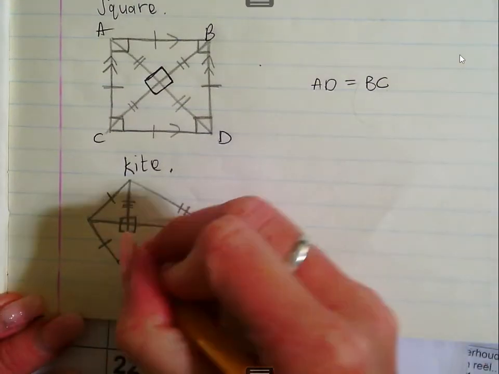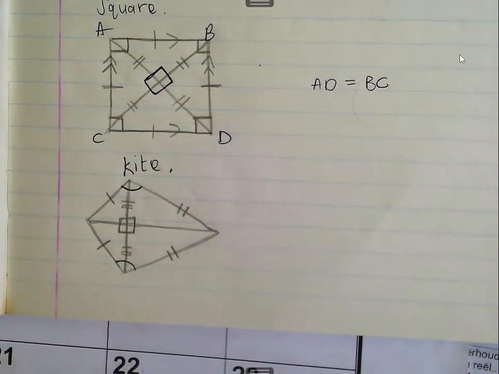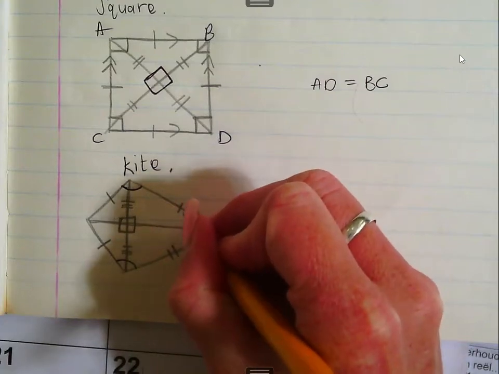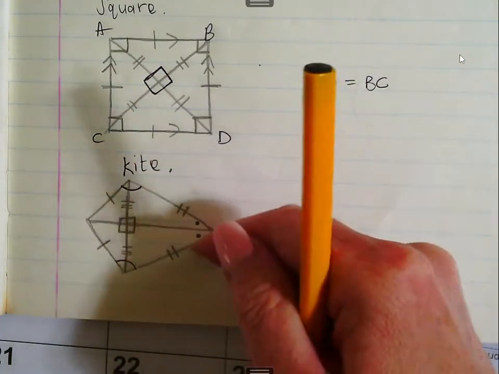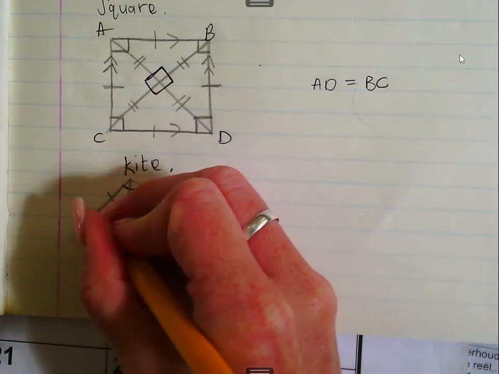We also know that this whole angle is equal to that whole angle. This angle at the bottom is being bisected. This angle at the top is being bisected.